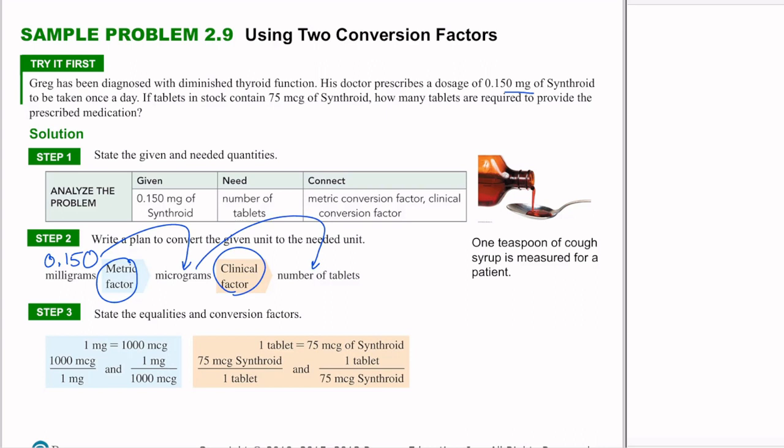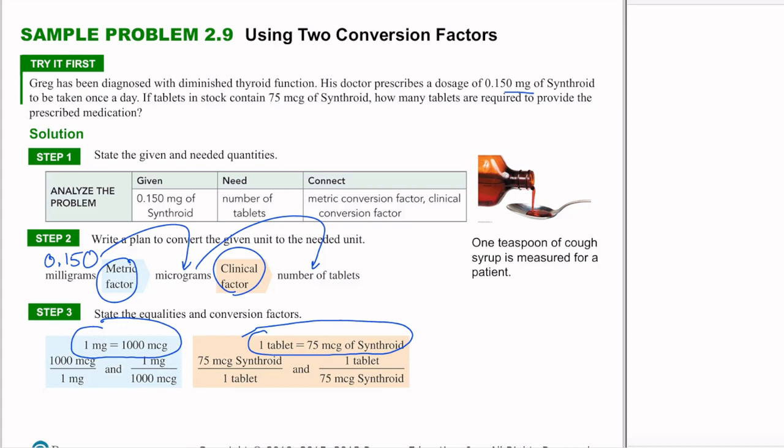So notice that 1 milligram is equal to 1,000 micrograms. That gives us our metric conversion factor of 1 milligram per 1,000 micrograms. And the problem tells us that one tablet contains 75 micrograms of Synthroid. That's our second conversion factor.